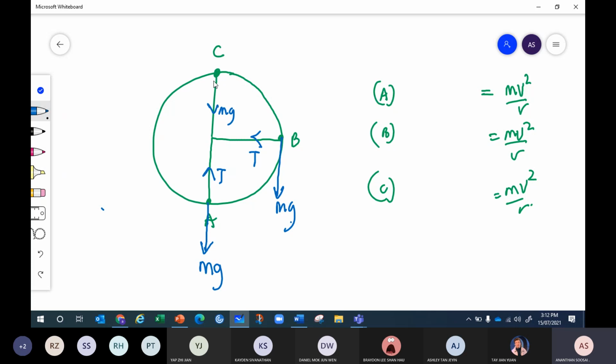At the top, the tension will be acting downwards, right? Because it moves up, the string will be tight, so the tension will act downwards, toward the center. Okay, so these are the forces acting, so you're good. Any questions about the free body diagram?